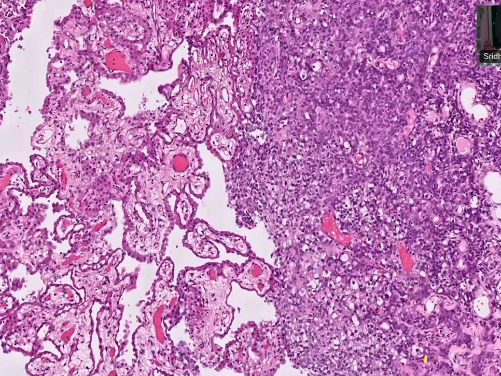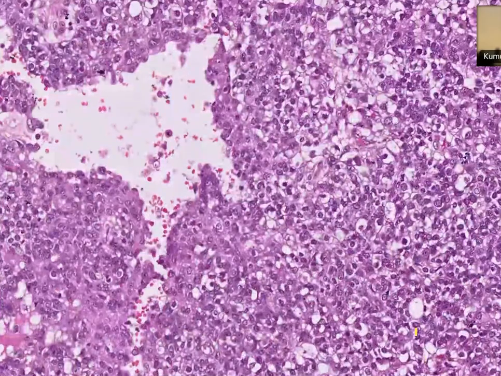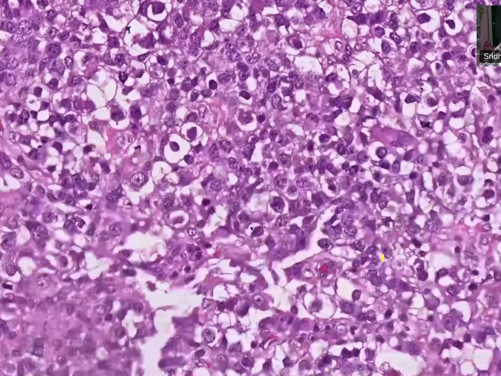The other part, sir, shows a tumor with densely packed tumor cells of variable sizes. Sir, in this slide you can see the tumor cells are showing marked pleomorphism.